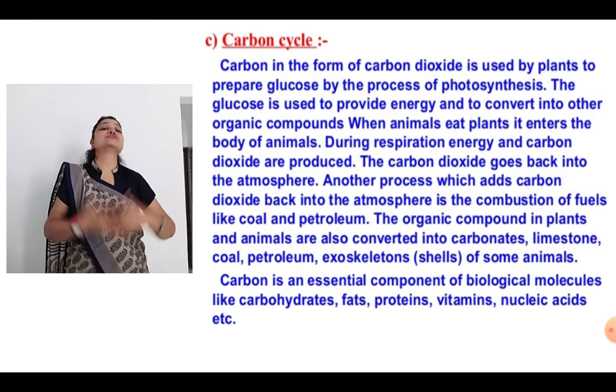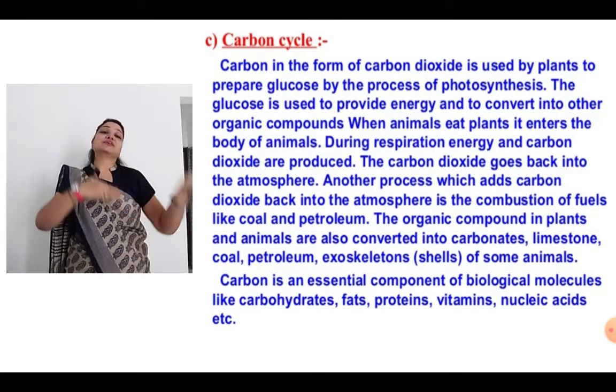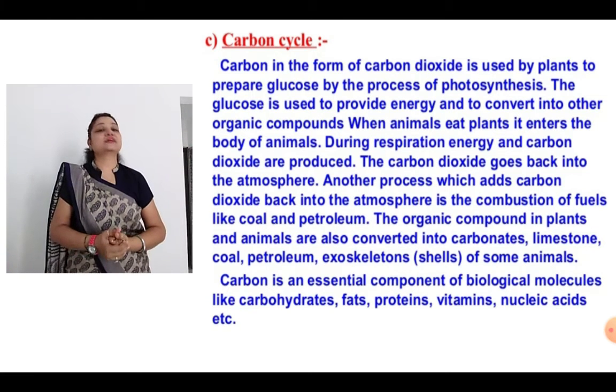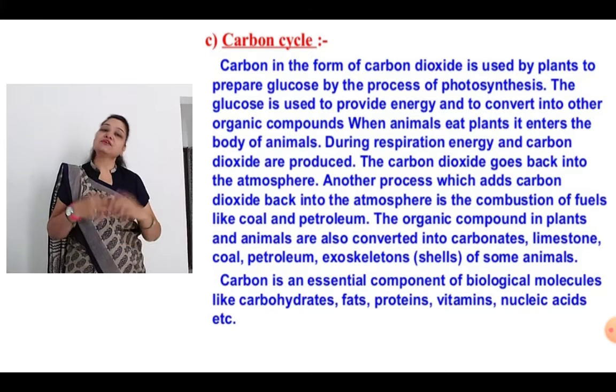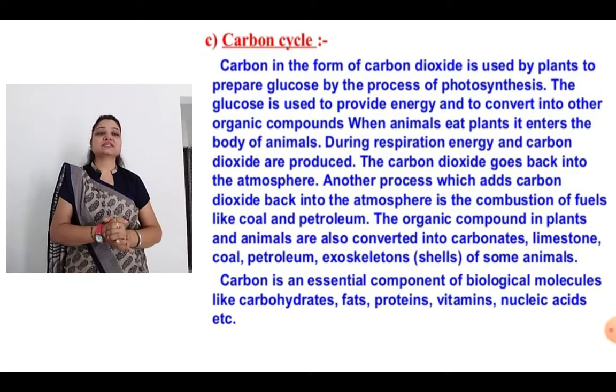These are all the points which you already know, right? I'm just briefing these out: how the carbon dioxide is entering and how the carbon dioxide is getting used from the atmosphere. The organic compounds in plants and animals are also converted into carbonates, limestone, coal, petroleum, exoskeleton, the fossil fuels, right?